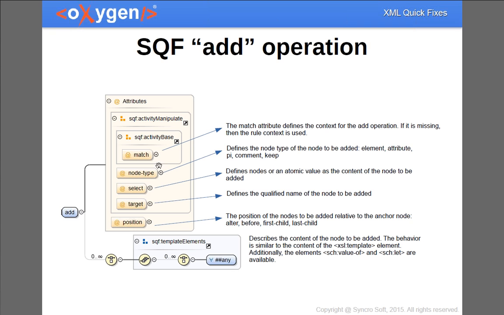And the content of the node can be specified in the select attribute or directly in the add element. And here you can use also XSL elements. The elements that can be used in an XSL template can be used also in the add element, and you can make also processing.